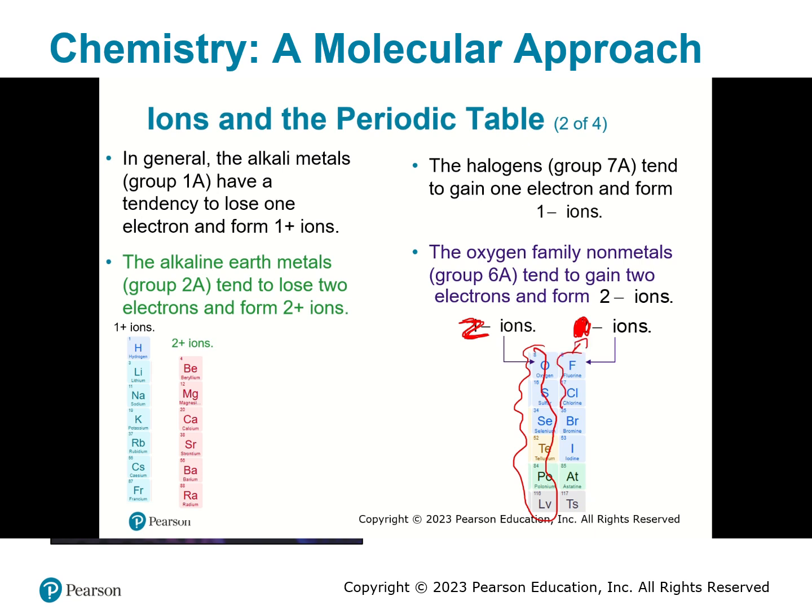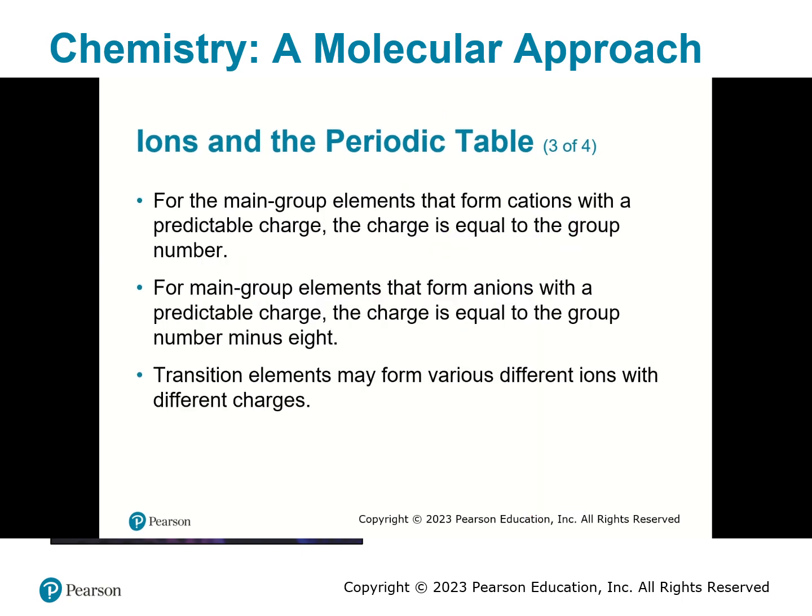So these form -1 ions and -2 ions. For the main group elements that form cations with predictable charge, the charge is equal to the group number. Remember, group 1 will be +1, group 2 will be +2. For main group elements that form anions with predictable charge, it is related to the group.